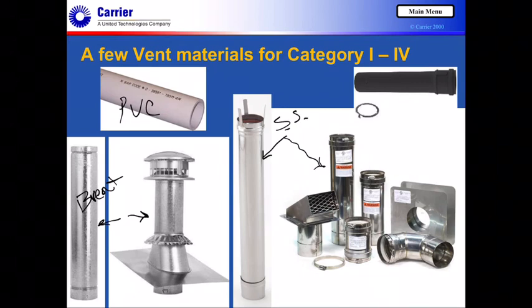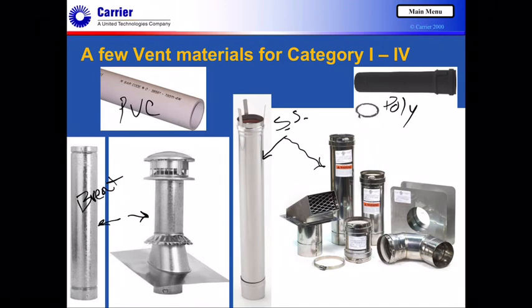And stainless steel is just a little bit trickier to use, simply because I don't have as much adjustability, but it's really high quality stuff. It can handle the temperature. It can handle anywhere from a category 1 through a category 4, no problem. And the one that's up here is the polypropylene.